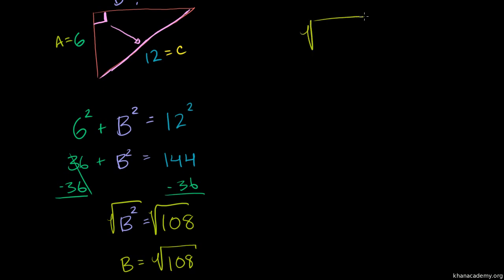Now let's see if we can simplify this a little bit. The square root of 108. And what we could do is we could take the prime factorization of 108 and see how we can simplify this radical. So 108 is the same thing as 2 times 54, which is the same thing as 2 times 27, which is the same thing as 3 times 9.